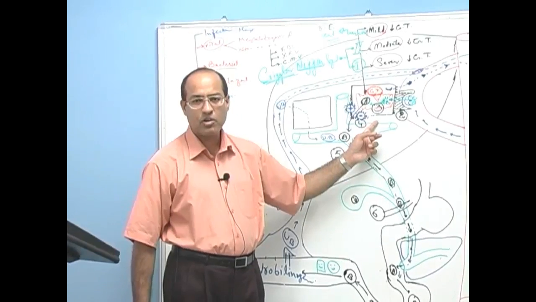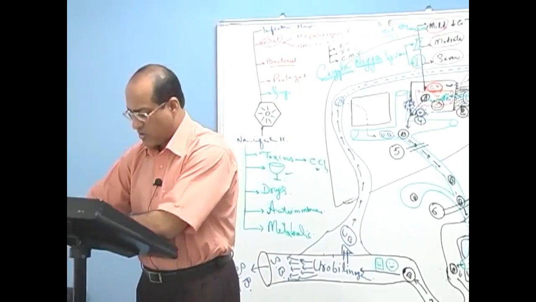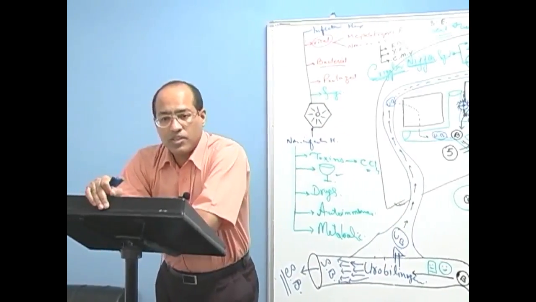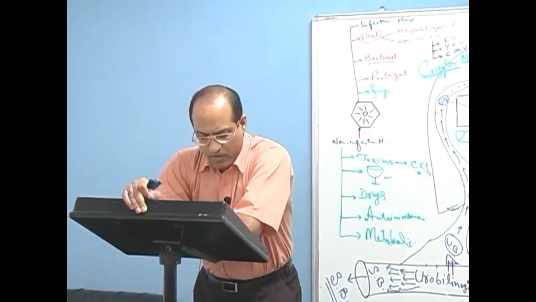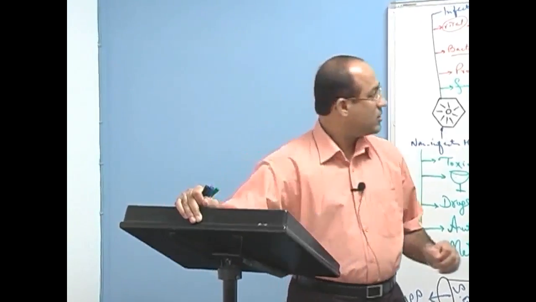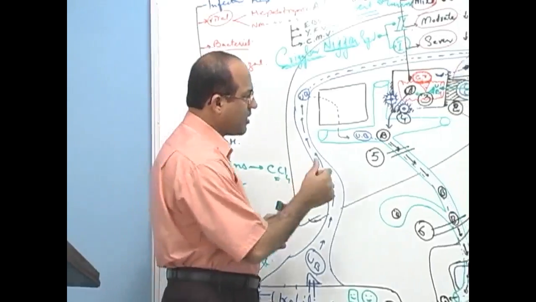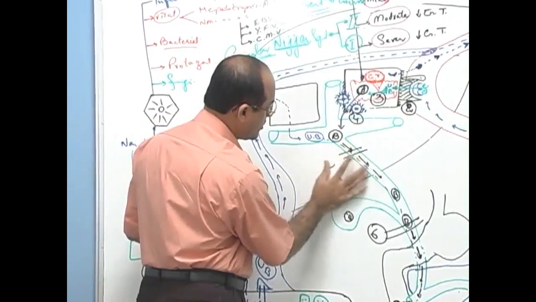Now let's come to the causes of conjugated hyperbilirubinemia, which we can divide into 2 mechanisms.